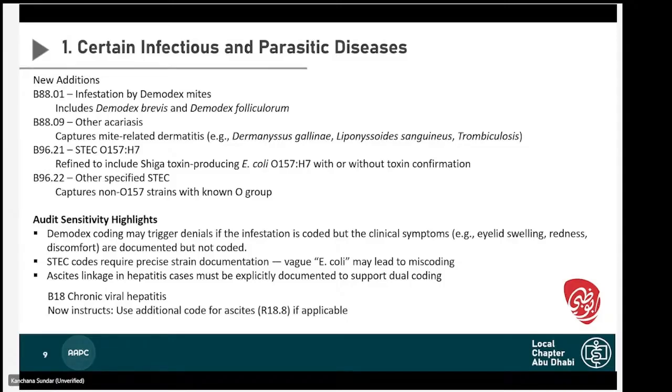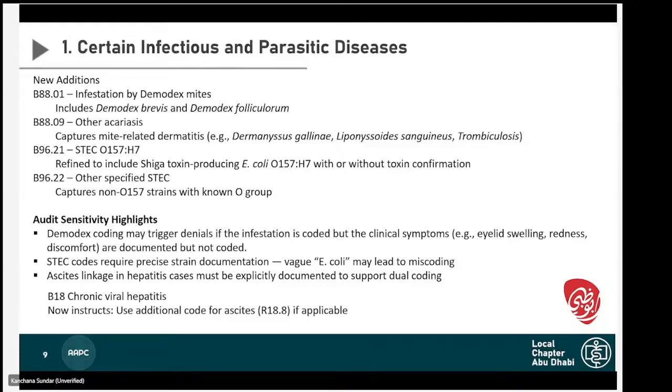When Demodex coding is being done, there will definitely be a denial trigger because it is an organism, and the coding of the symptoms or the clinical significance because of the Demodex should be done. So this is an important audit sensitivity I wanted to bring today in this presentation for all our coders.